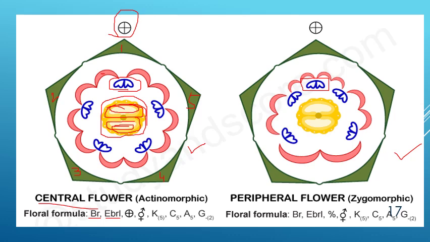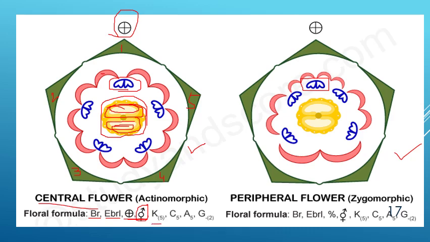This indicates the symmetry, it's actinomorphic. The flower may be divided in more than two planes into two equal halves. This sign indicates the bisexual nature of the flower, means the flower is hermaphrodite.